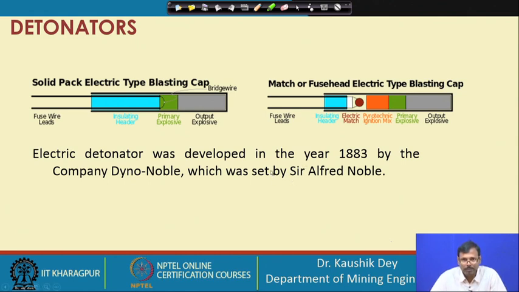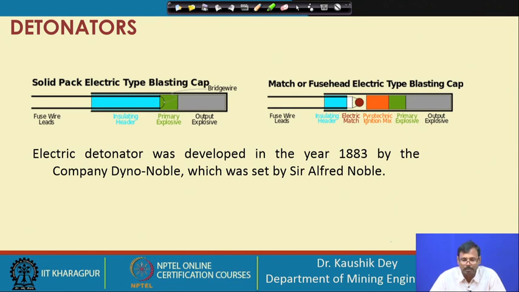In fact, with the development of this electric detonator, the user now has control over exactly at what time the explosion should occur in the detonator. So, now they can provide the electrical signal by switching it on, and the moment it is switched on, the fuse or the bridge wire gives the flame to the primary charge, and then the blasting occurs. So, the electric detonator is basically solving two problems.